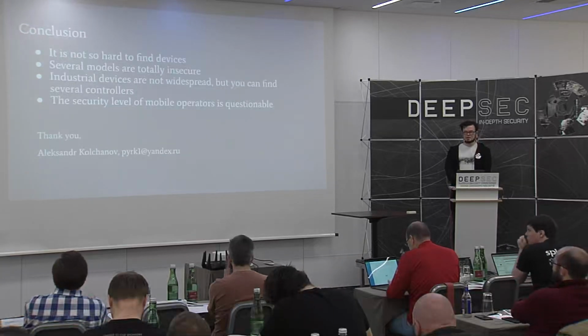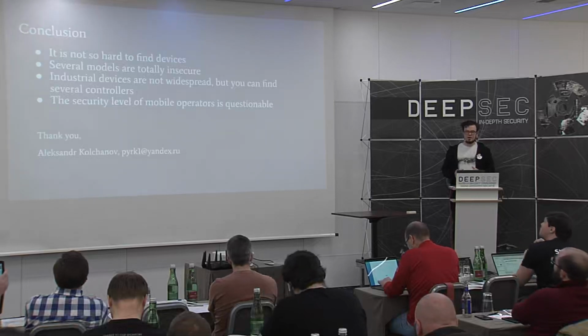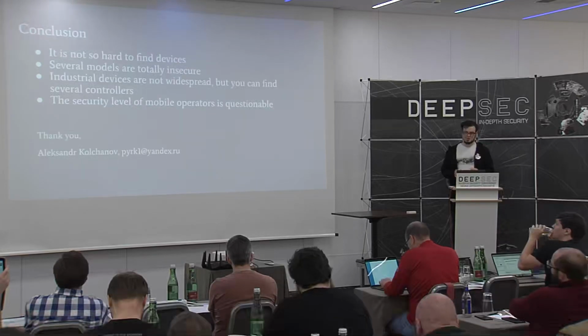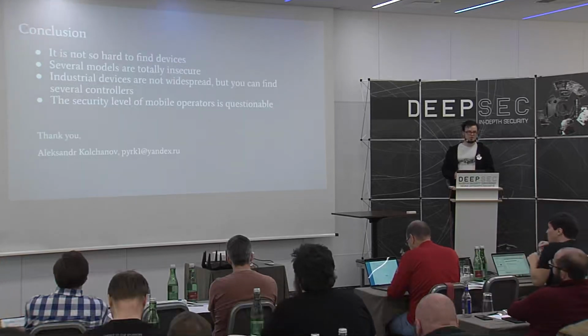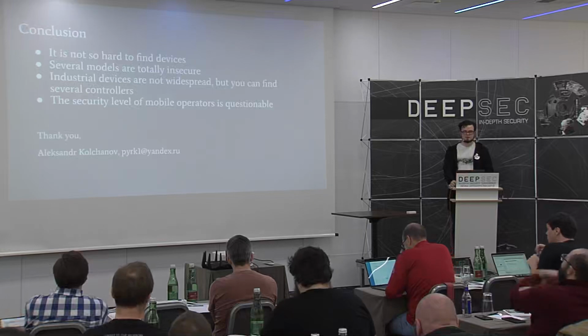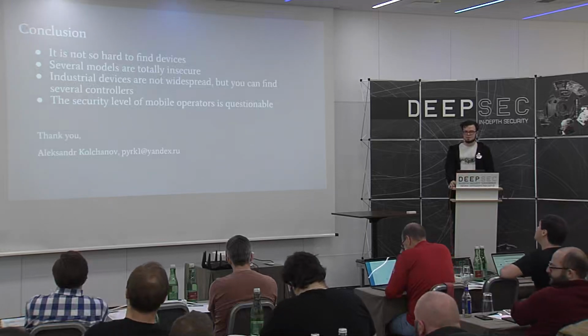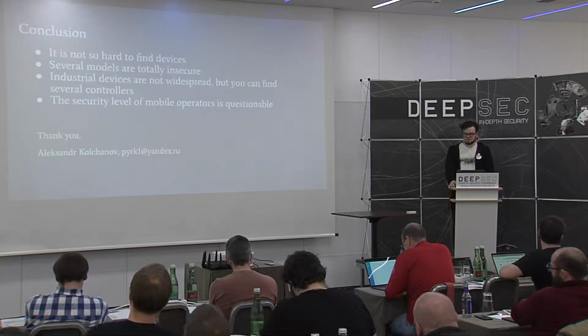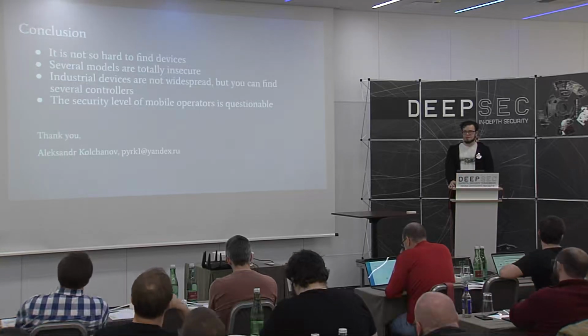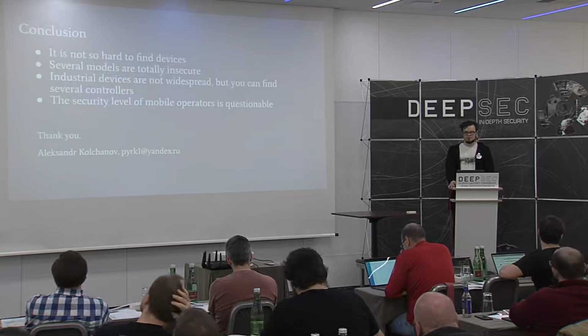Also, industrial devices are not so popular, but you can find them too, and you can hack them too. And if you can do it, it is terrible. Also, the security level of mobile operators is questionable. So it means that usually you can hack the mobile operators instead of the GSM device, because compared to good GSM devices, it is easier and more profitable.